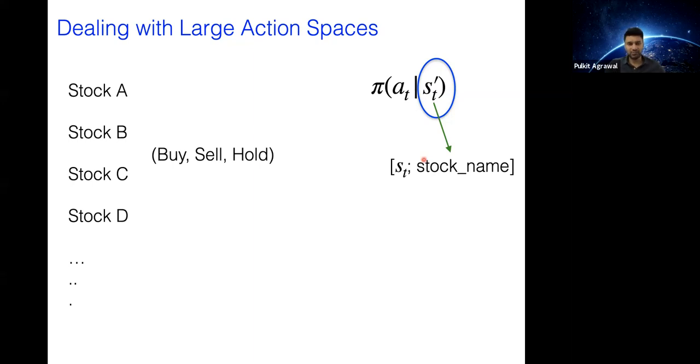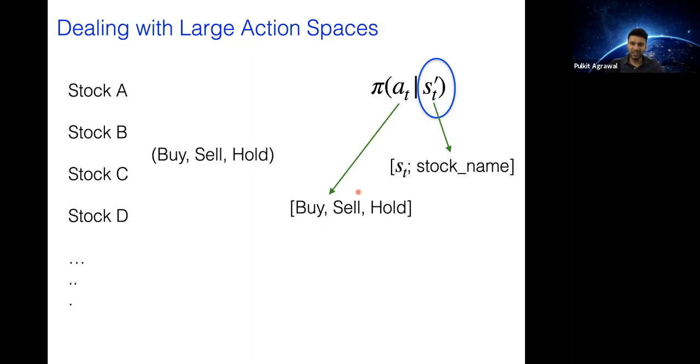For example, the state could consist of what is the Nasdaq, what is the value of the Dow Jones, how is the weather, is it the Democratic Party or the Republican Party who is in power, and all of those things which we might think may affect the stock price. But I'm going to expand that and also include the stock name as part of my state. Now, once I do this, I can just have a three-dimensional action space, which is buy, sell, or hold. So in this particular manner, I can really compress my action space.